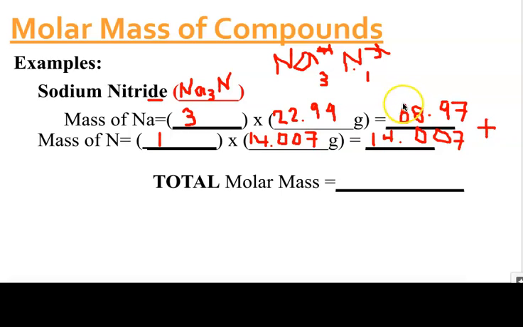So I'm going to add my 68.97 to 14.007 to give me 82.977 grams per mole. G per M O L. Okay.